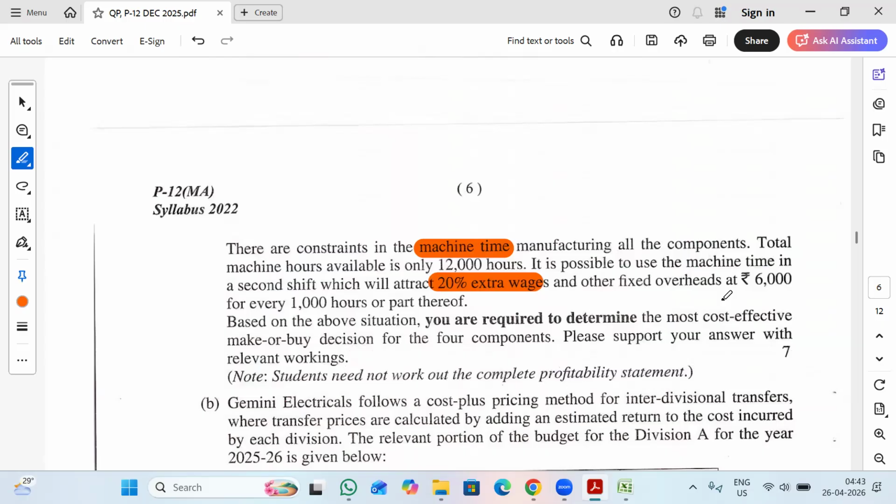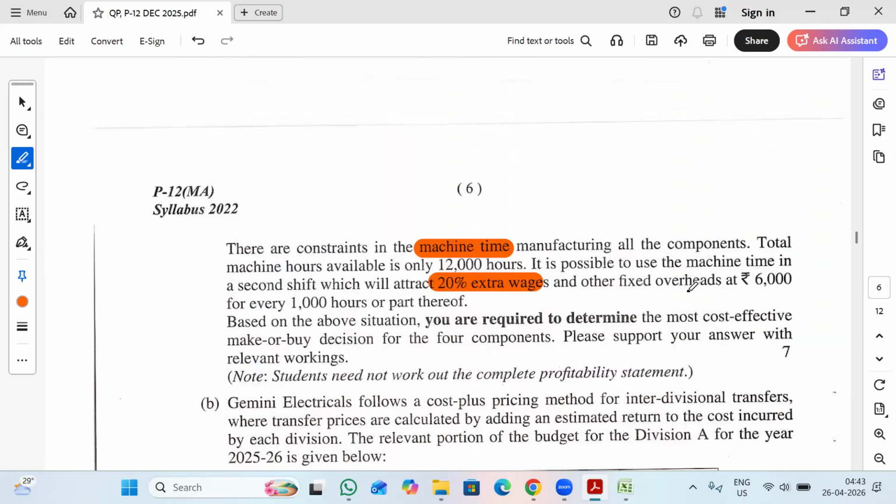Based on the above situation, you are required to determine the most cost effective make or buy decision for the 4 components. We need to recommend which components are to be bought out and which components are to be made by ourselves. Please support your answer with relevant workings. Students need not work out the complete profitability statement, but we need to support our answers.